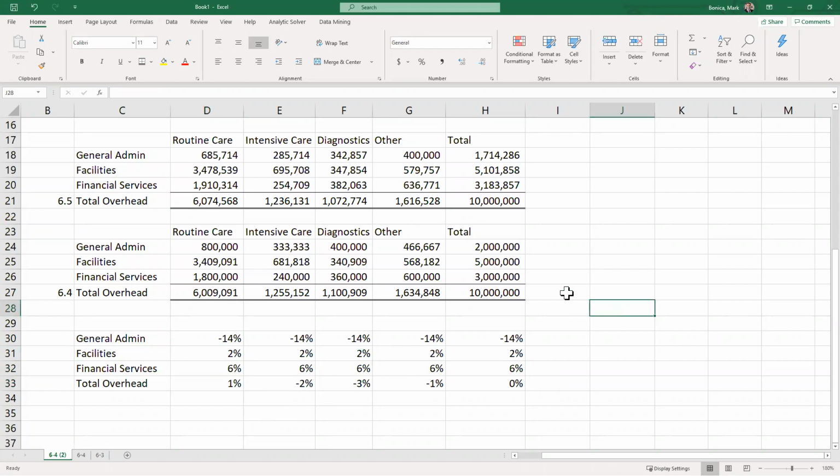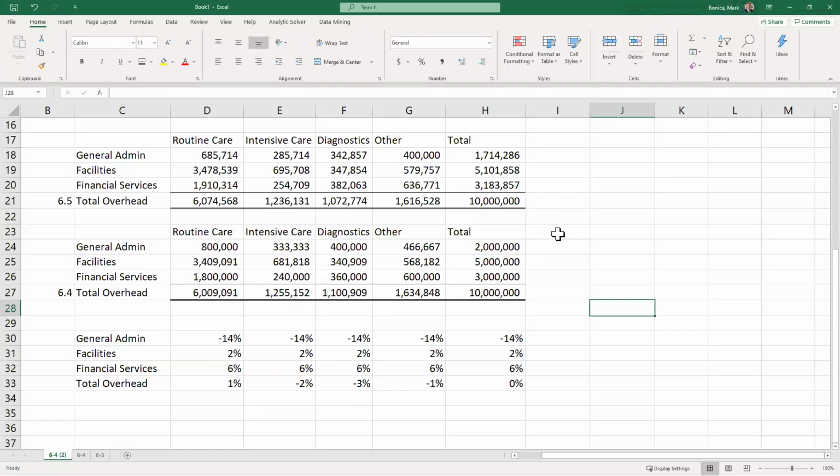So how much impact does it have? It's probably a little more accurate because it captures the relationships between the support departments.